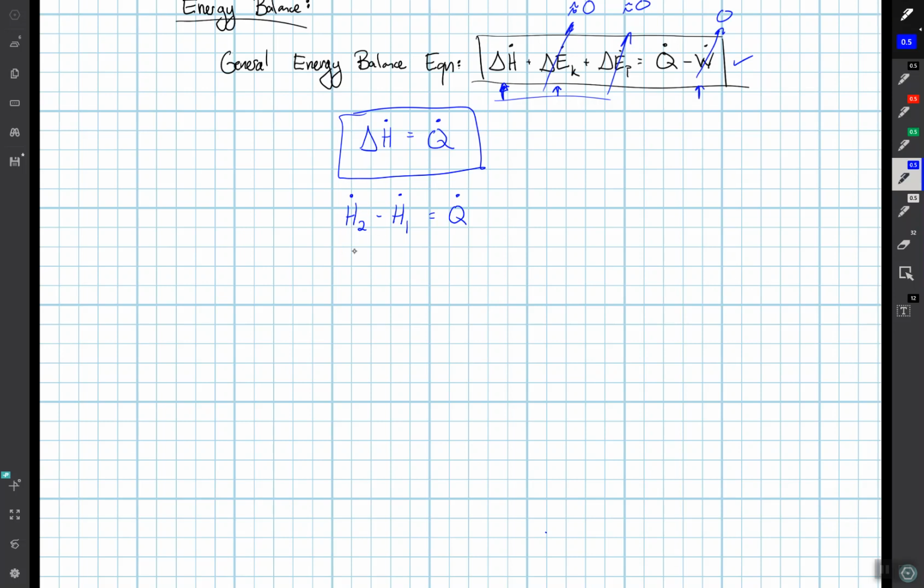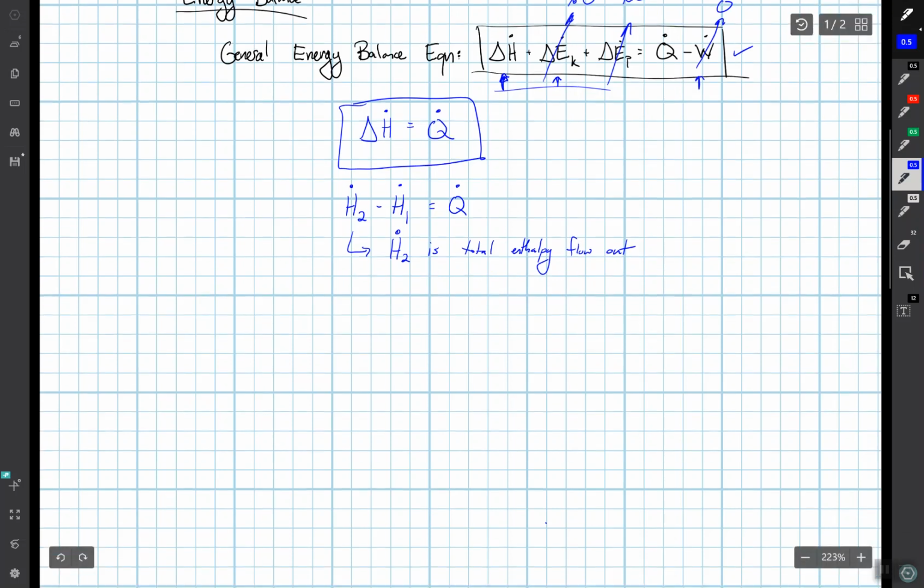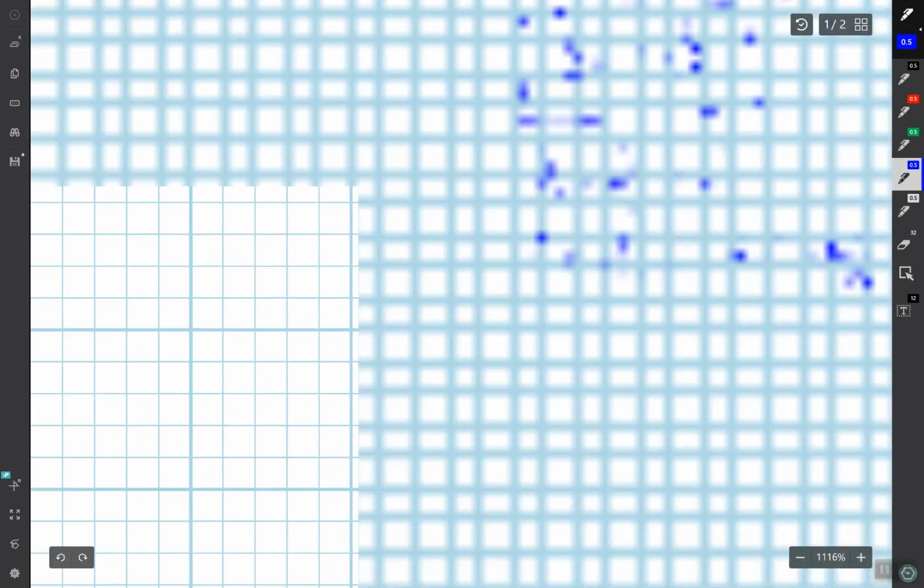Capital H2 is the total enthalpy flow out. So that's an extrinsic property. It depends on the amount of stuff that's flowing out, the mass, and it is a rate, right? That's what the dot means.